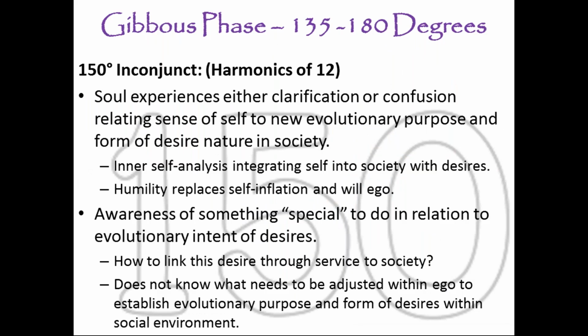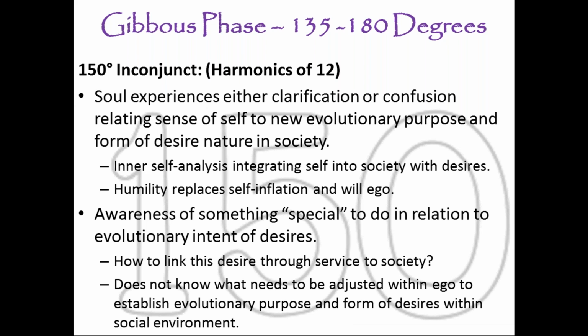And next we come to the waxing inconjunct, as I call it. And at this point, this is going to represent the Mars-Pluto aspect, where the soul will either experience confusion or clarity in relating the sense of self to their new evolutionary purpose, form of whatever their desired nature is, and manifesting that out into society.